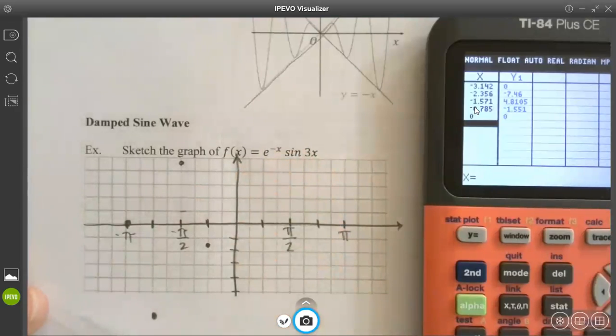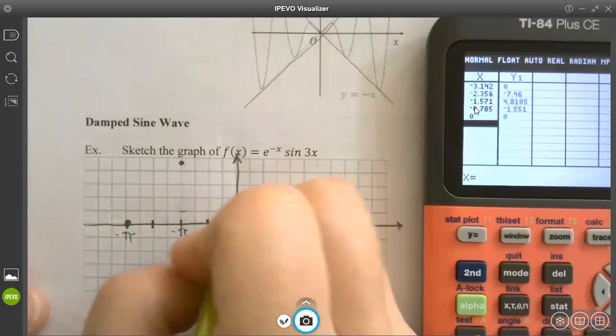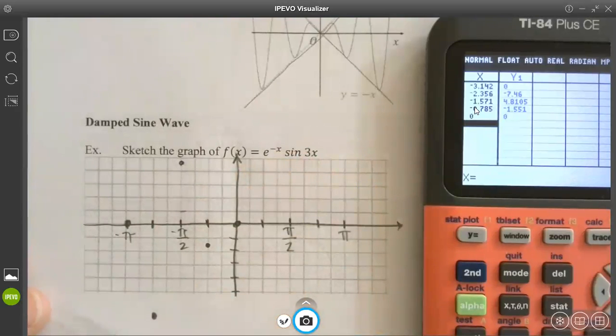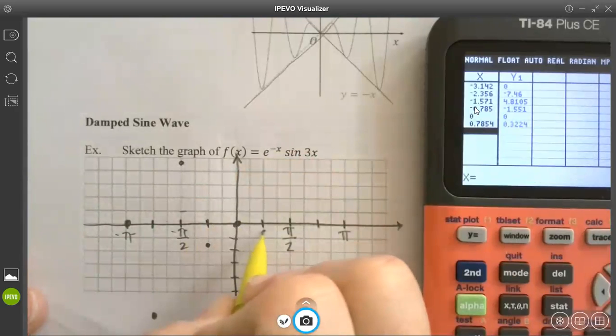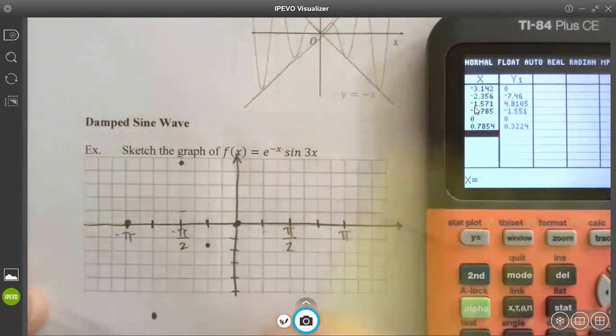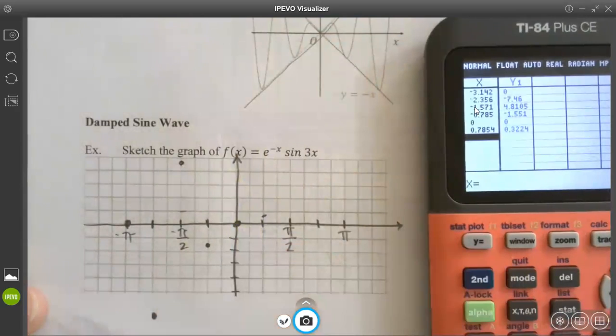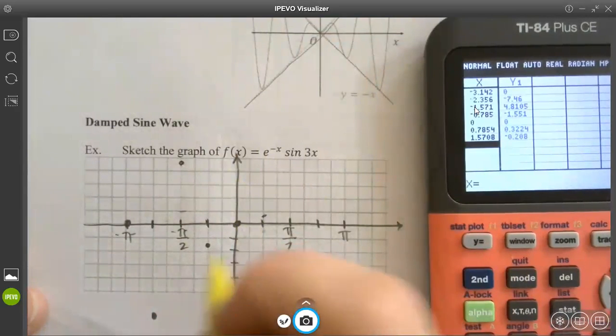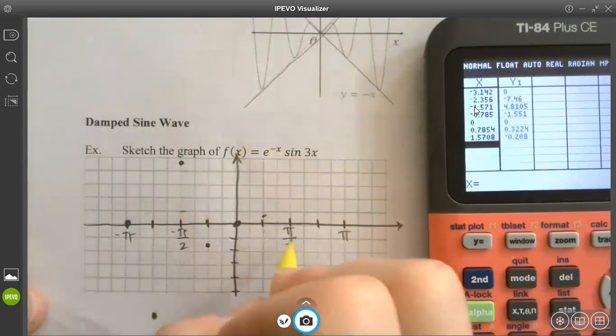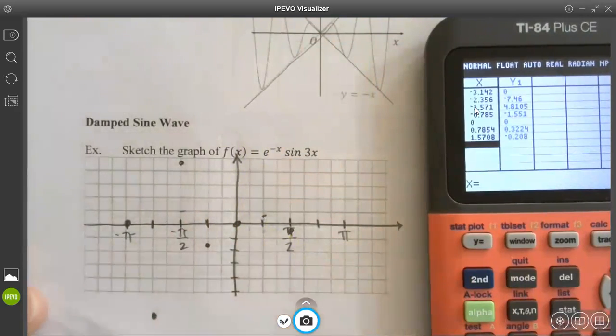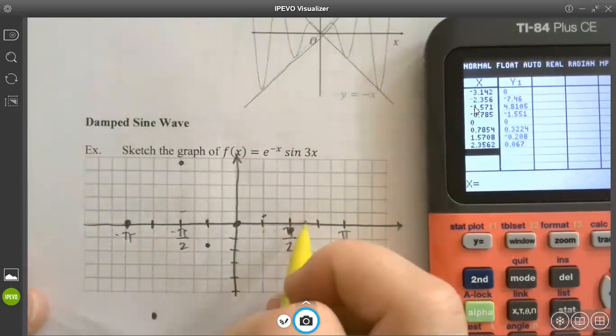Then we get to 0, and it's 0, 0. And then you keep going. So 0.25 pi is, sorry, positive 0.3. Pi over 2 is negative 0.2. 0.75 pi is 0.067, so it's getting smaller and smaller, right?